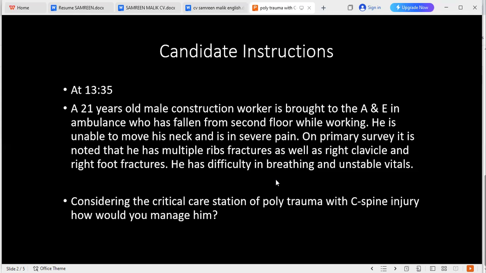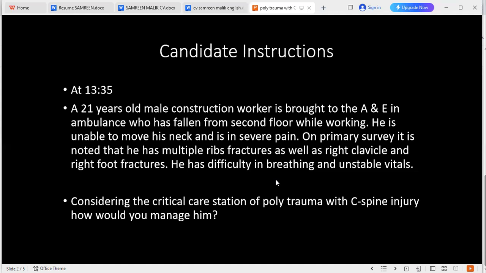Where do you think this patient should be managed? First, this patient will be managed according to ATLS protocol in the ER. Then, if the patient is still unstable, according to his multi-trauma, the patient should be admitted in the ITU or high dependency unit.